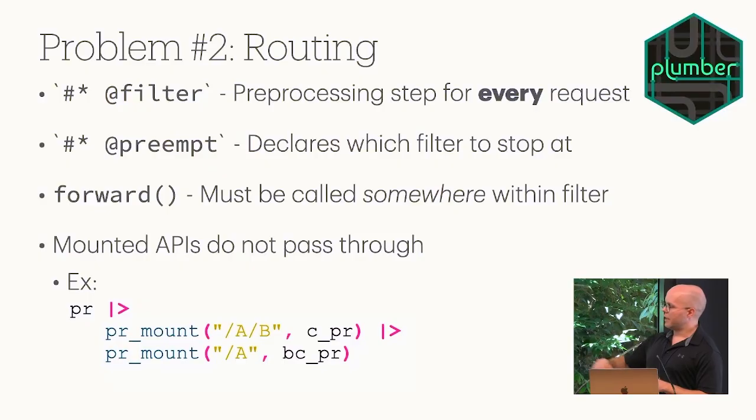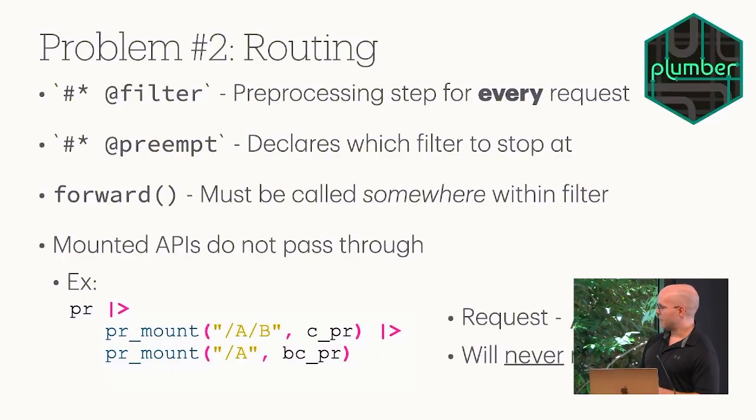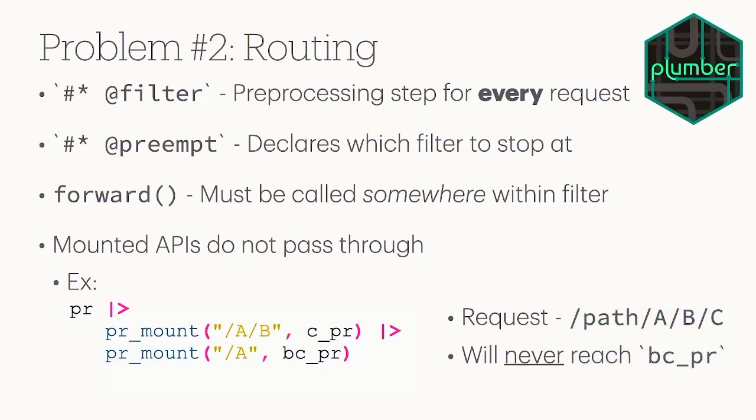And let's also say I have another router that has support for BC, and I'm going to mount it to route A, so it also would support the ABC route. Plumber currently says that once you go inside the first router and request that path ABC, it will never come back and then go to the next router. That's kind of frustrating because you want to say oh, I have support for both of these things. They're both valid. Can I please make both of them work? And it does not happen.